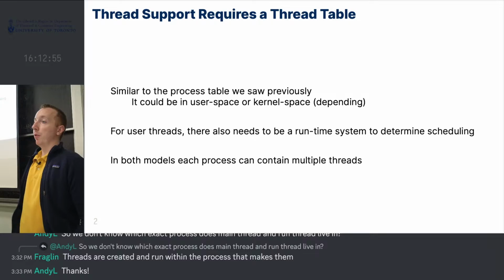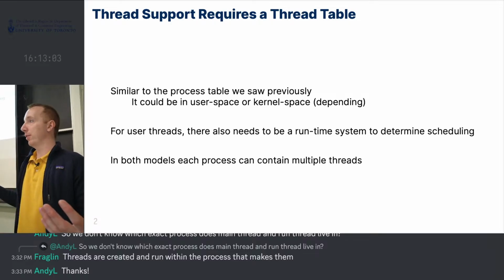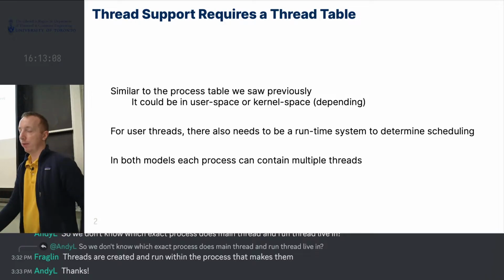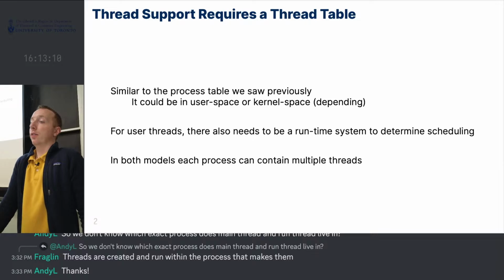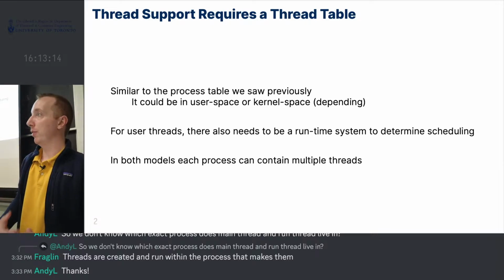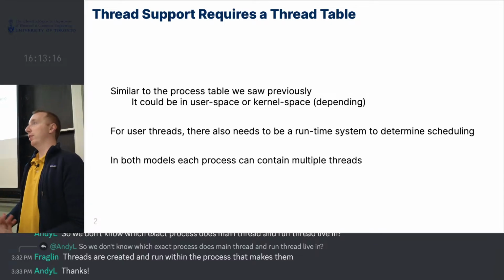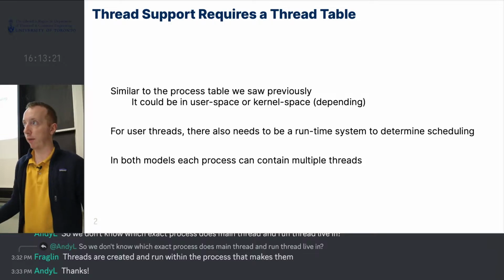So thread support requires a thread table. Similar to a process table, if I accidentally didn't say that before, a process table is just the data structure that contains all of the process control blocks that contain all the information about the processes. So the thread table that contains all the information about threads specifically could either be in user space or kernel space depending on who is keeping track of them.